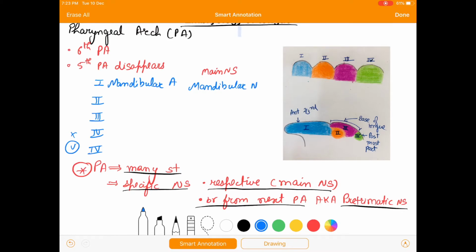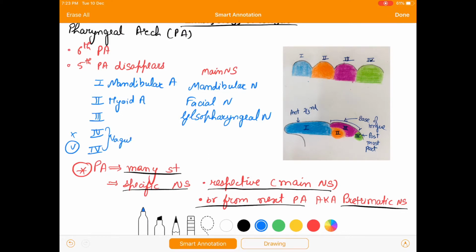The second arch is also known as the hyoid arch, and its nerve supply is the facial nerve. The third arch gets its nerve supply from the glossopharyngeal, and the 4th and 6th receive their nerve supply from the vagus.